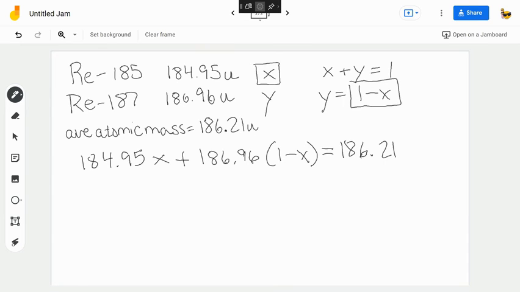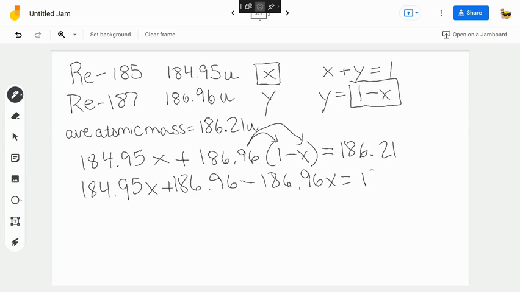So I'm just going to expand this particular part of the equation out. So 184.95x plus 186.96 times 1 minus x, which is 186.96 minus 186.96x. So now I'm going to gather my like terms together. Let's put our x terms on one side and our not x terms on the other side.